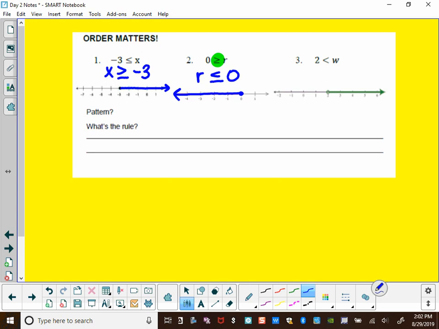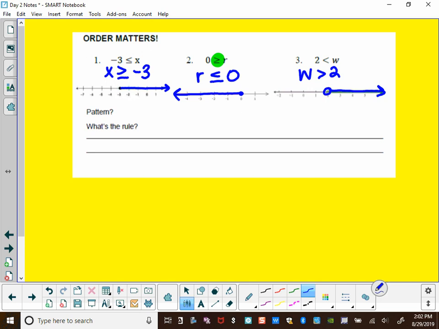All right, good. The last one, I'm going to flip it. Right now, it looks like the arrow should be going to the left, it's going to the right, it's all confusing. But it's really saying w is greater than 2, because we always start with a variable. And so now I can graph it. Now I have an open circle, and I'm going to the right.